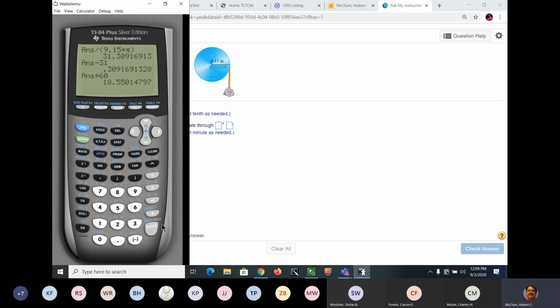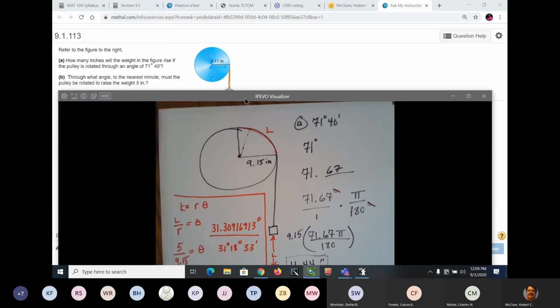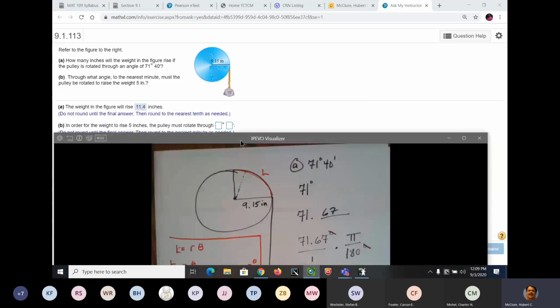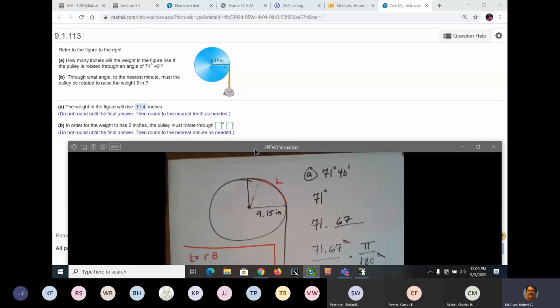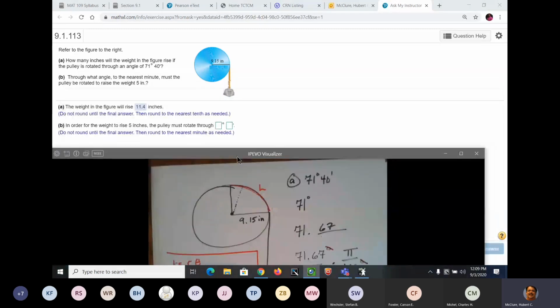And then I take the decimal minus 18 and multiply that by 60, and that comes out to be 33 seconds. So with that being said, let's say 31:18, but technically it's 31:19 because 33 is more than 30. So I'm going to say 31:19.